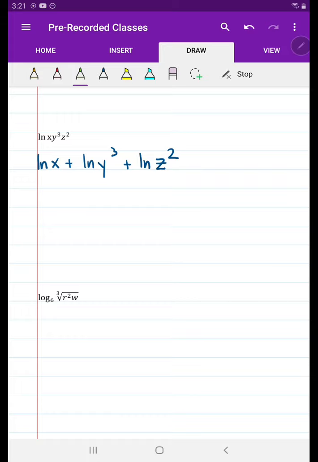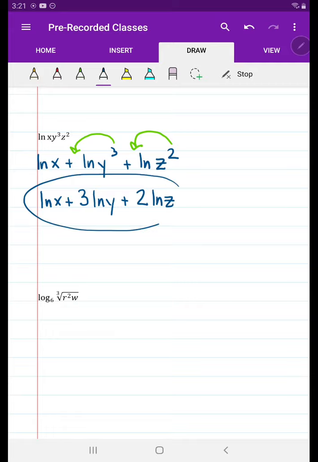And then remember, these exponents will go to the front as coefficients. So then this will turn into the natural log of x plus 3 natural log of y plus 2 natural log of z, right? And that's our answer there, and we're all done.